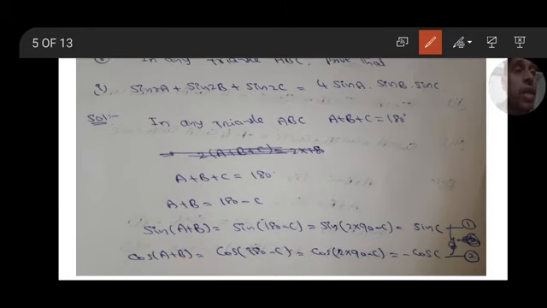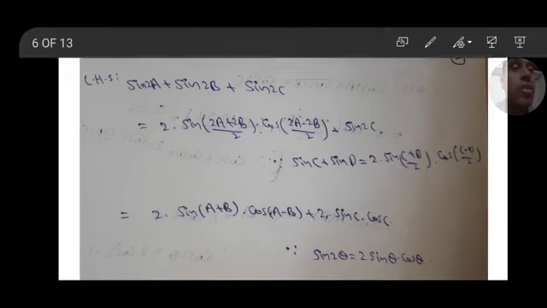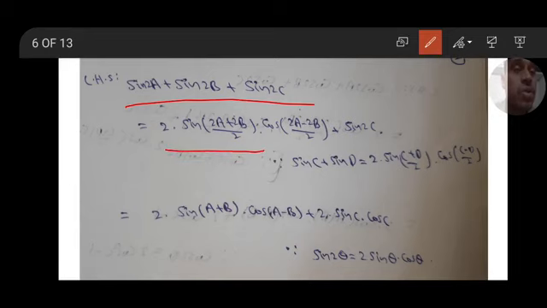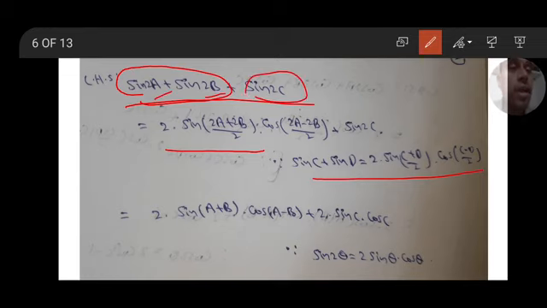I am taking the LHS: sin 2a plus sin 2b plus sin 2c. I am taking the first two terms with the sin c plus sin d formula, where c equals 2a and d equals 2b, and for sin 2c the formula is 2 sin c cos c.